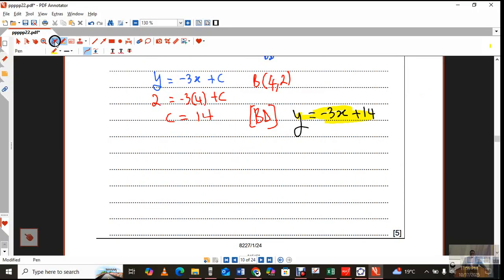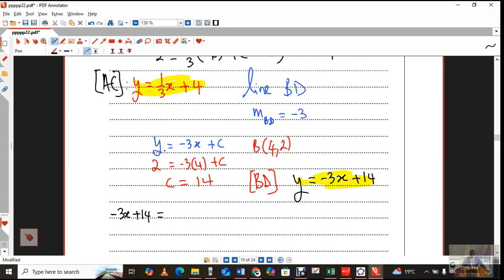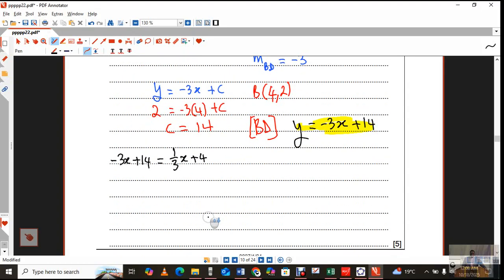Let's take the two lines and equate them to each other. So I'm going to take negative 3x plus 14 and let that equal the other equation, 1 over 3x plus 4. If you work this out, you're going to get negative 3x plus 10, that is 14 minus 4.